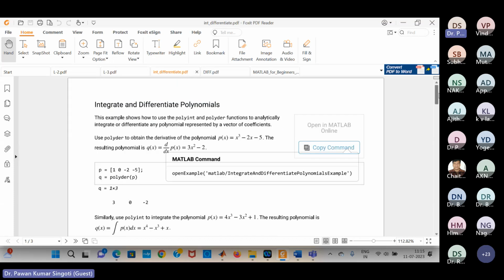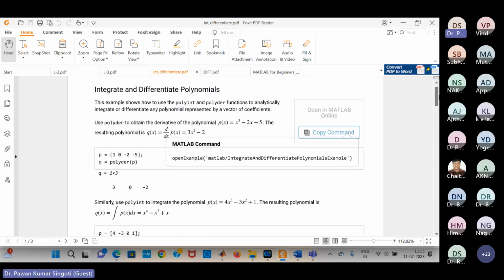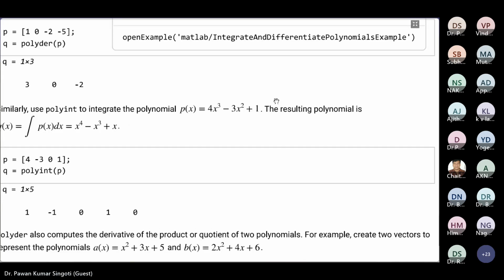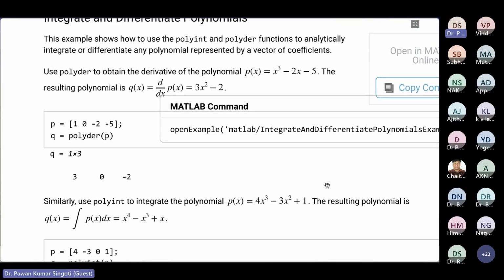And one more, that is polyder. Apart from ODE45, which I have shown you, a polynomial equation can also be handled by polyder. Here we use polyder to obtain the derivatives of the polynomial px equal to x cube minus 2x minus 5.